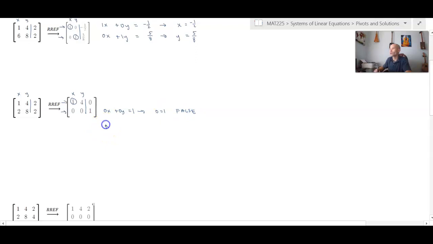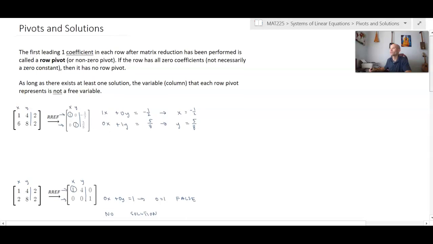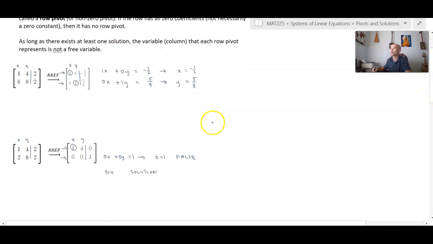So this system actually has no solution. And this is our exception in our description above, where as long as the system has at least one solution, then we can go and talk about these pivot columns. But if it has no solution, then whether or not a row has a pivot is irrelevant. At the end of the day, there's no solution to that.